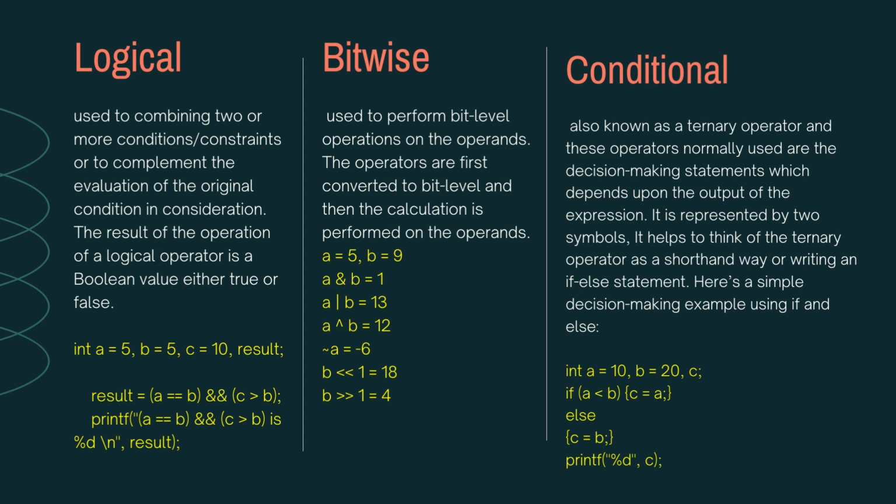In this case, the Boolean outcome is true because c is greater than b, whereas a equal to b is also true, right?